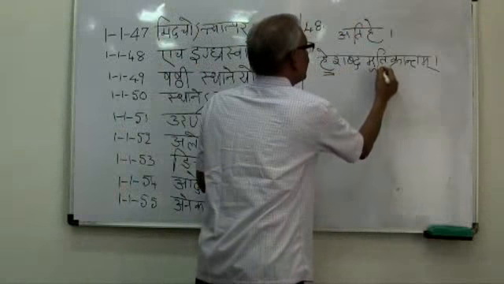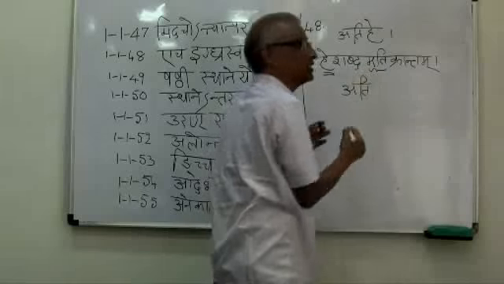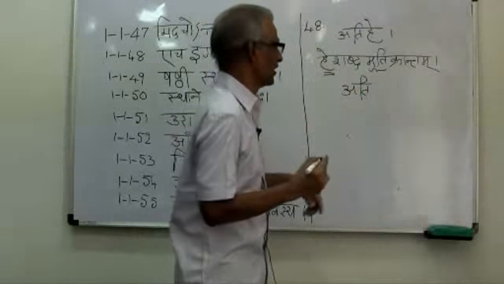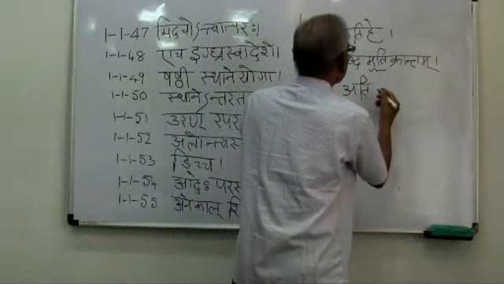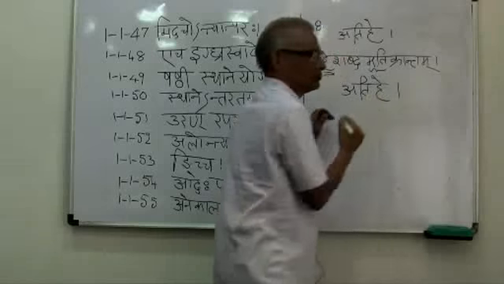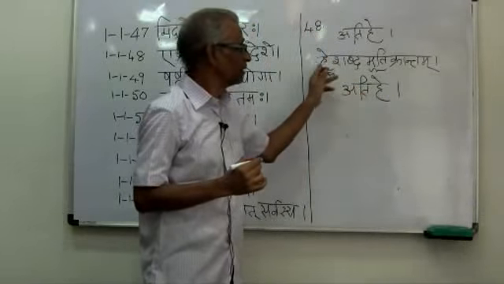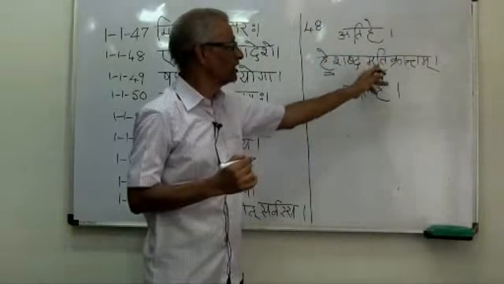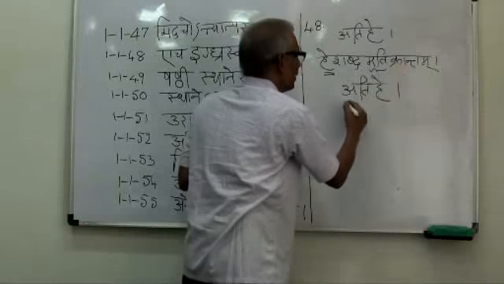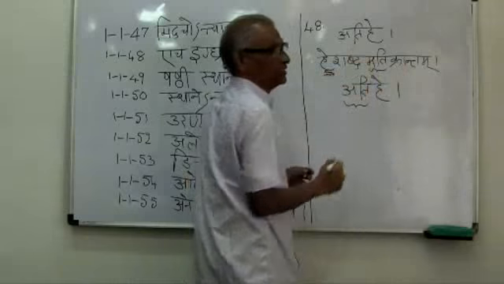Atikrantam. Here ati is the word which will be employed in the samasa. It is a samasa, pradi samasa. Ati he. From atikrantam we have taken ati, and he we have taken as it is.